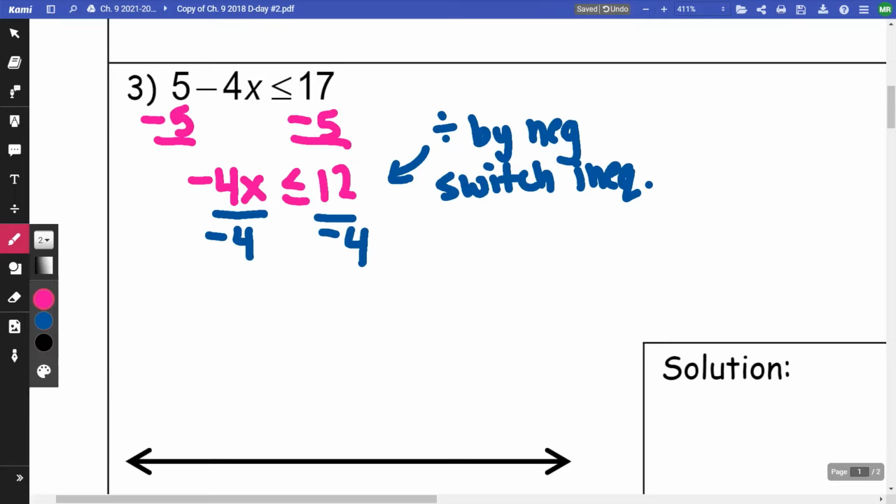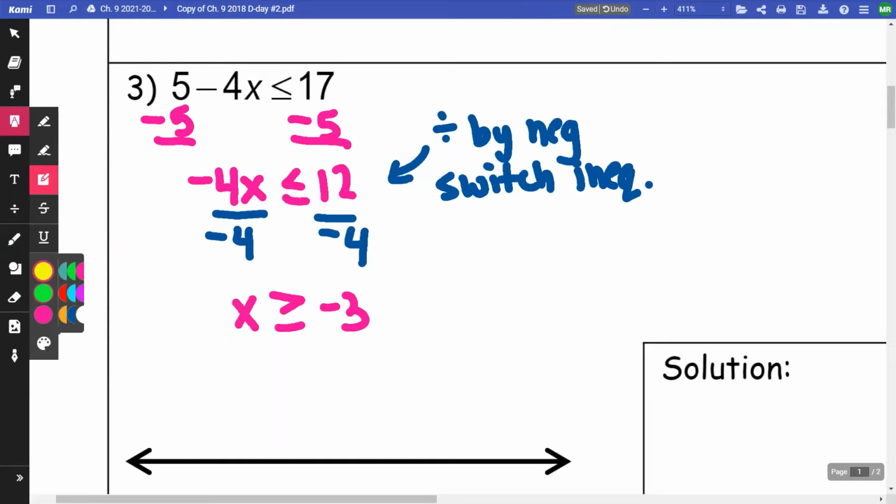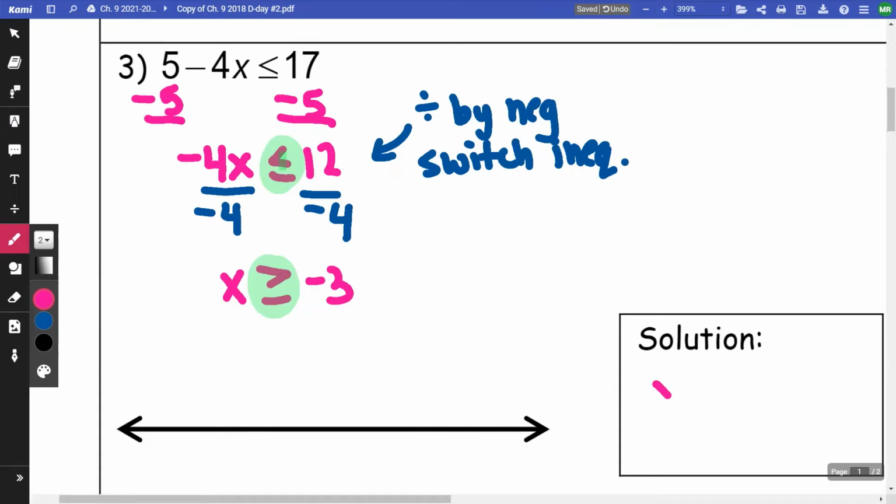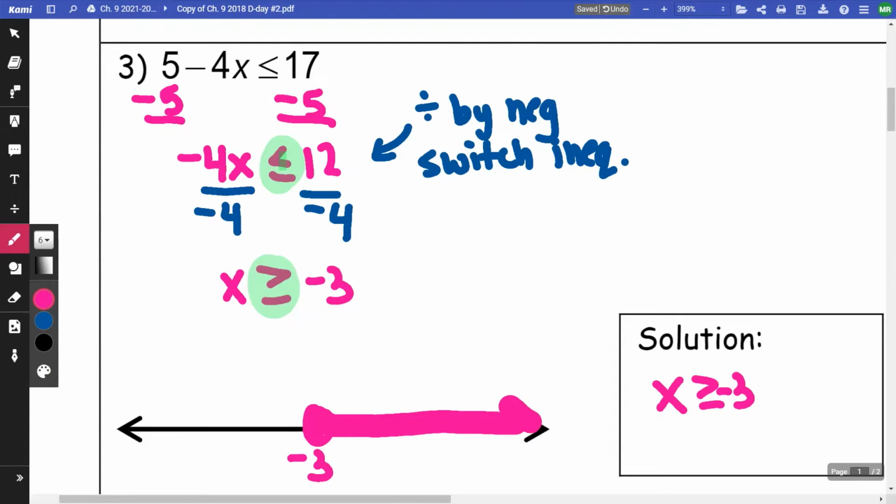So I am going to end up getting x is greater than or equal to -3. So we want to pay attention to this got changed to this. I'm going to have a closed circle at -3, and I'm going to be shading to the right. And that's going to be our graph.